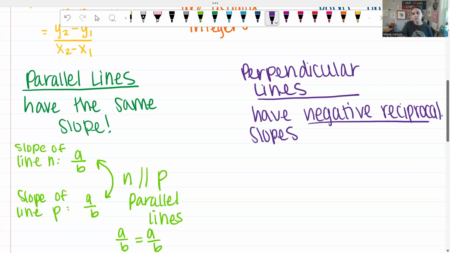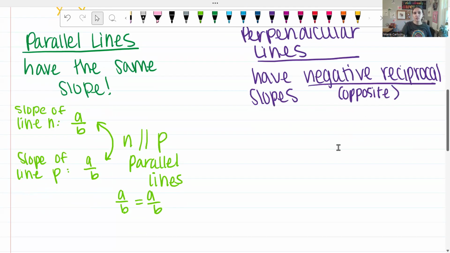This negative reciprocal is also known as an opposite reciprocal. And the reciprocal of a number, if you take that number and you multiply it by its reciprocal, it will equal 1.